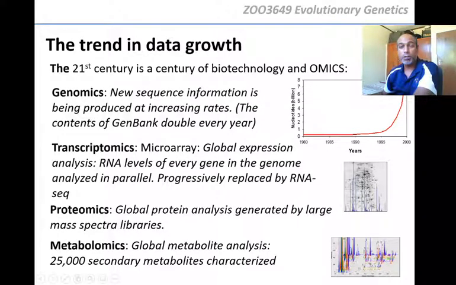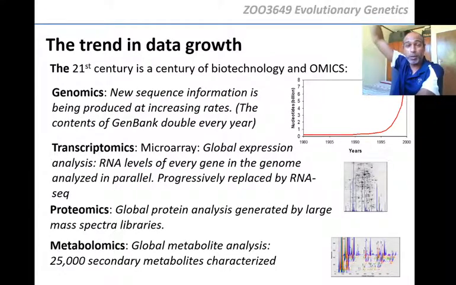So you can imagine with 100 genomes, how much higher this red line is. If you extend the red line, it's probably going all the way to the sky right now on this scale. But DNA data is not the only data that we're generating with NGS.